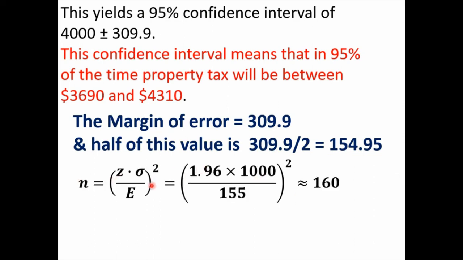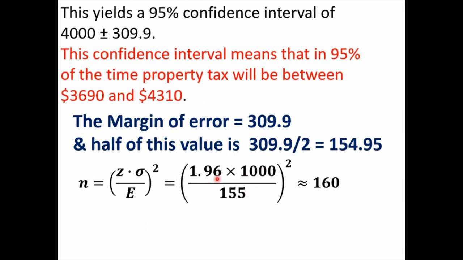Here is our equation of sample size. Remember, it is Z times sigma divided by E all squared. Now we have the new E, which is the 154.95 or the 155 approximately, which is really the difference between the mean of the population and the mean of the sample. That is what we define the margin of error as.